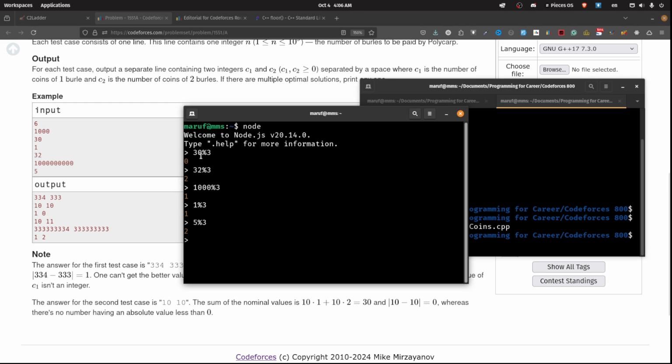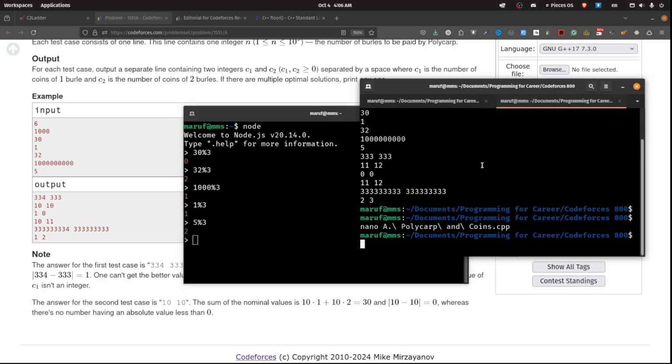So if the modulus value is 0, let's go to the code again.